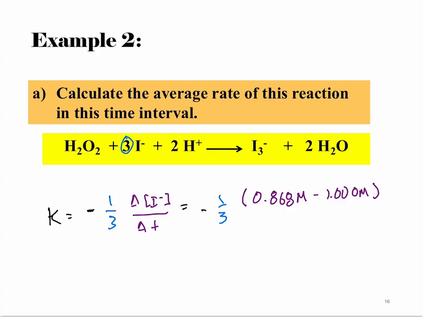Because this is the concentration of I minus final minus the concentration of I minus initial. And you can put an I or a little 0, that means initial, right there. And then what was the time interval? 10 seconds.